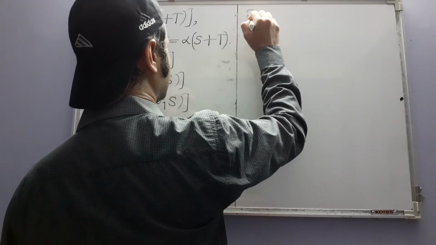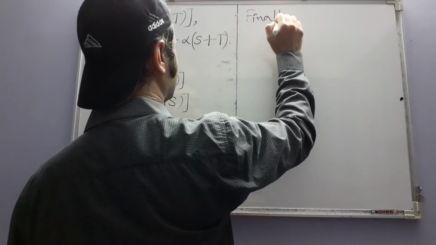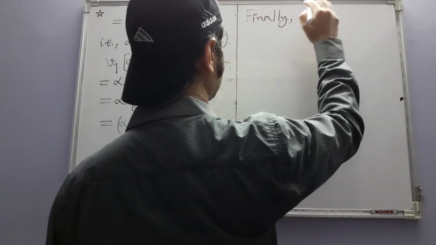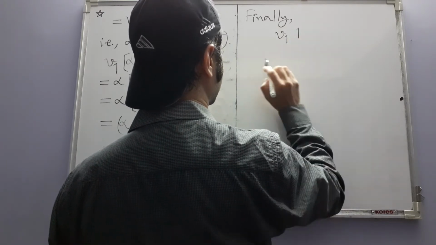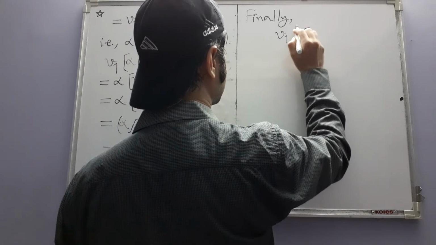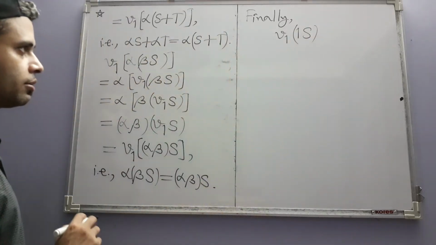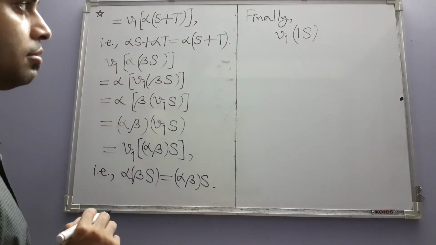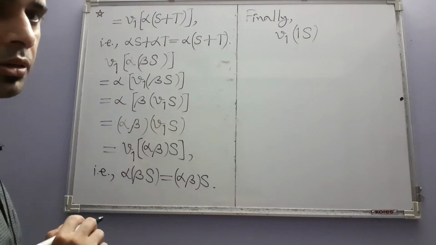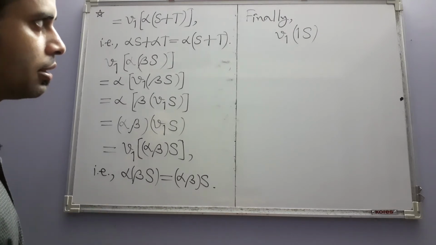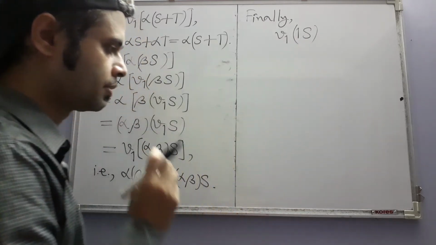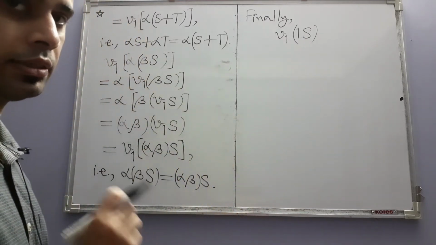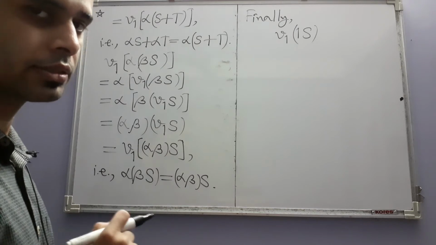Finally, we are going to calculate this, the effect of 1s on V1, where you should of course understand that this 1 is the multiplicative identity of the underlying field, the scalar 1.